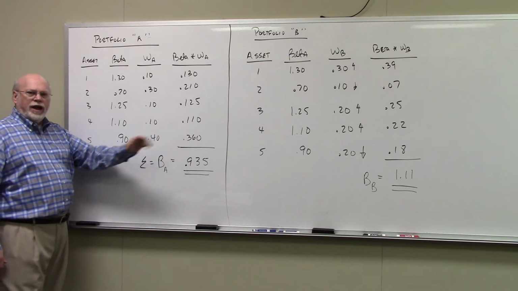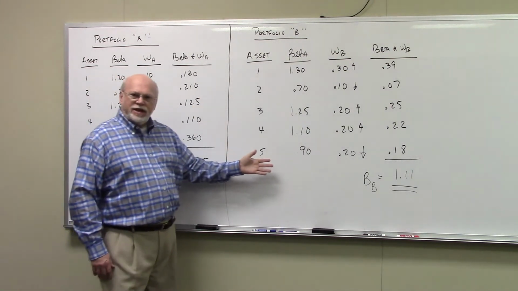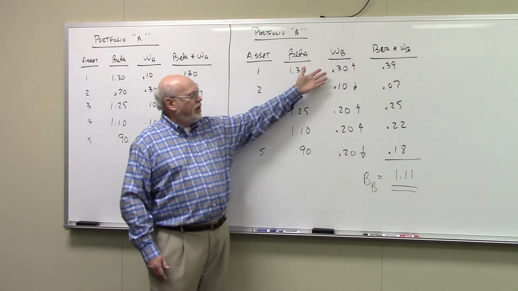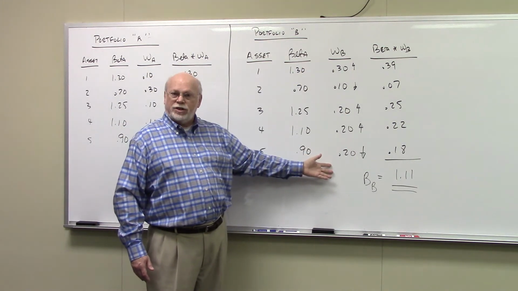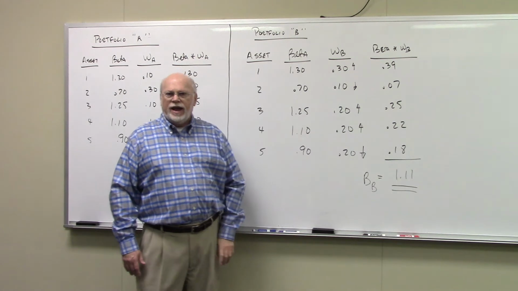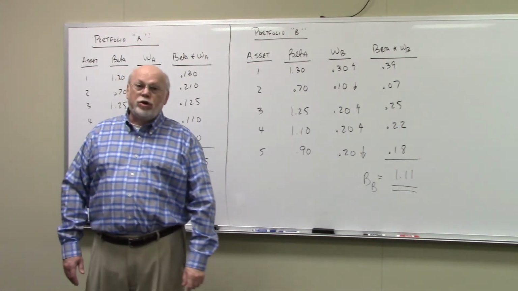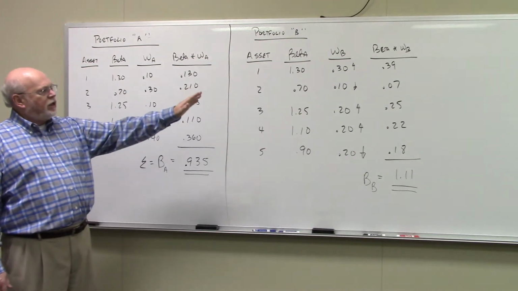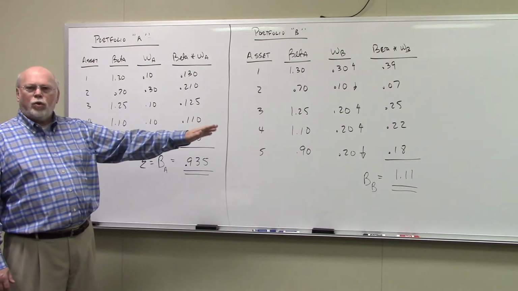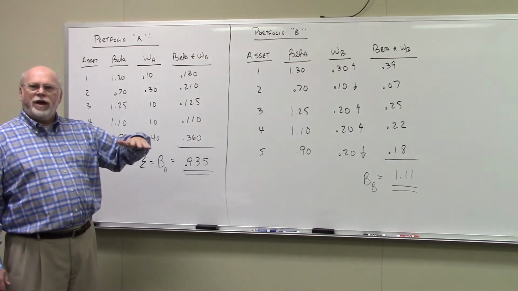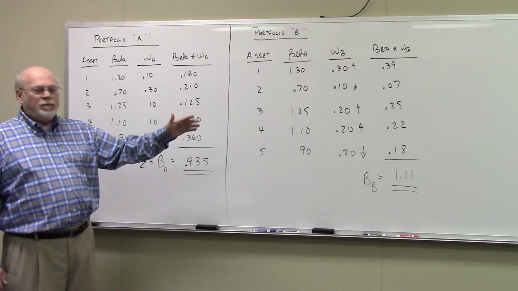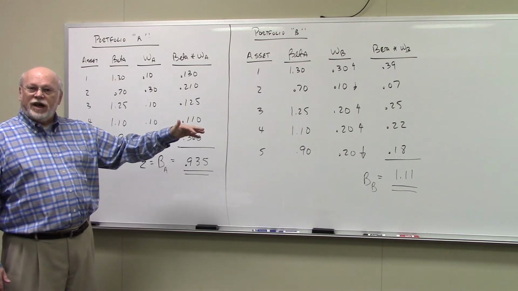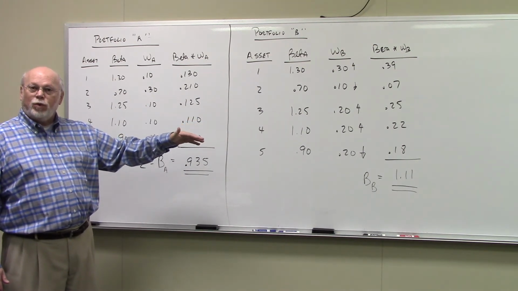In the B part now, same 5 assets, you have the same beta for all the assets, but you're changing the weights in the portfolio. And as you stand back and look at what they're doing in this particular problem, they're increasing the weights of all the more aggressive stocks, the stocks with betas greater than 1, and they're reducing the weights of the defensive stocks, the stocks that have a beta less than 1.